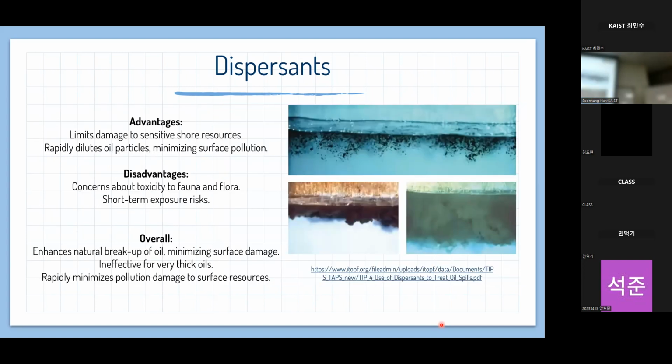The advantage of dispersant is that it enhances natural breakup of oil, minimizes surface damage, and rapidly minimizes pollution damage to surface resources. However, it is ineffective for very thick oil.